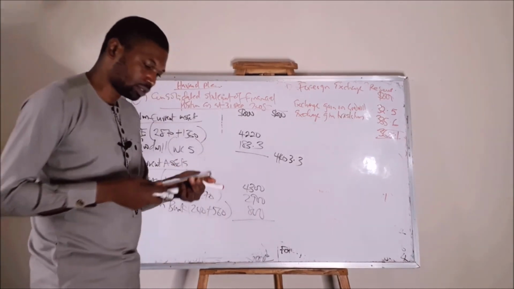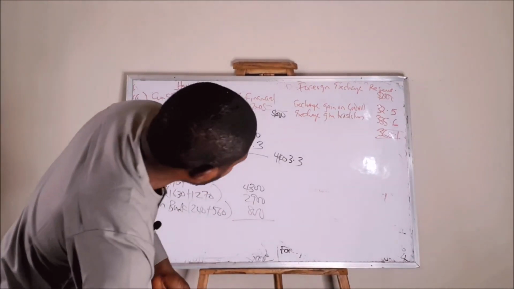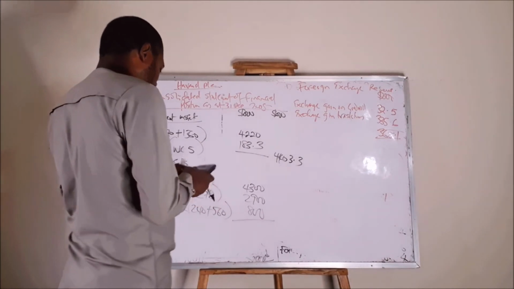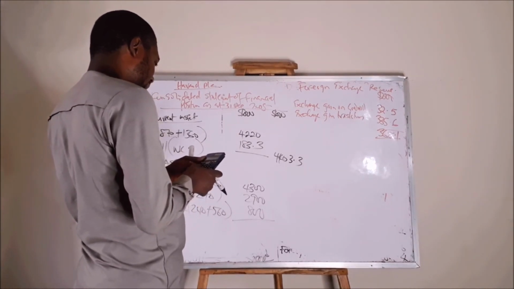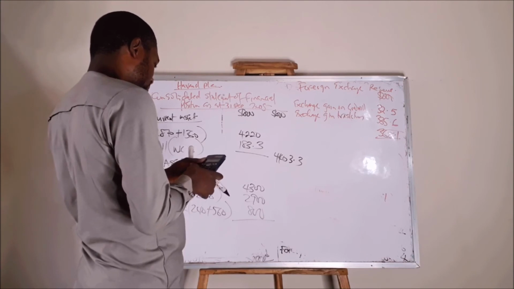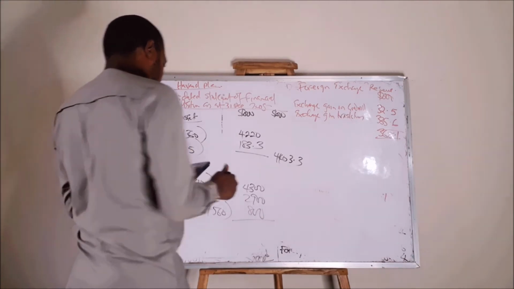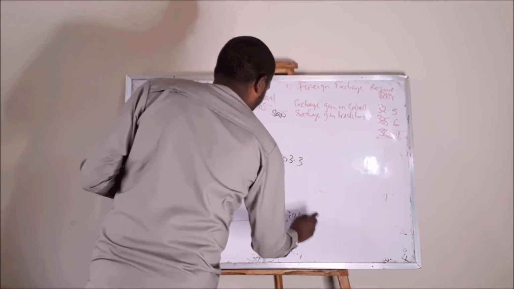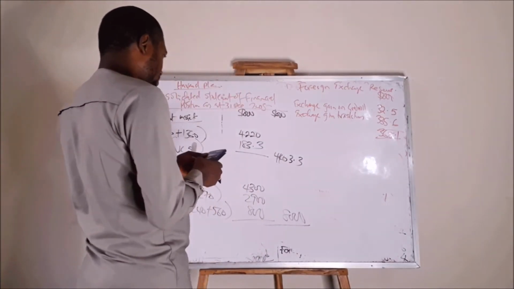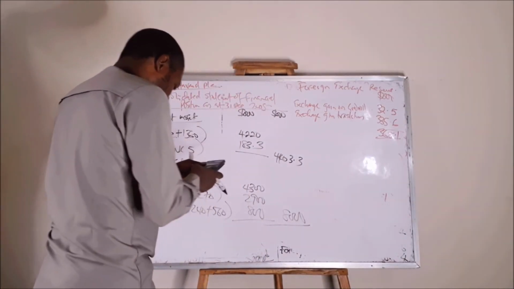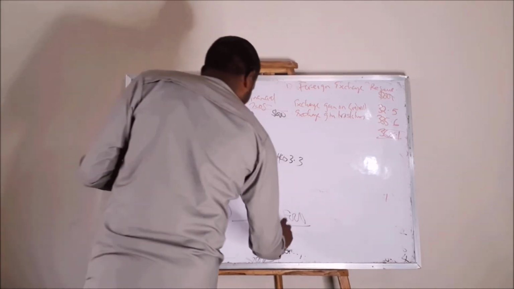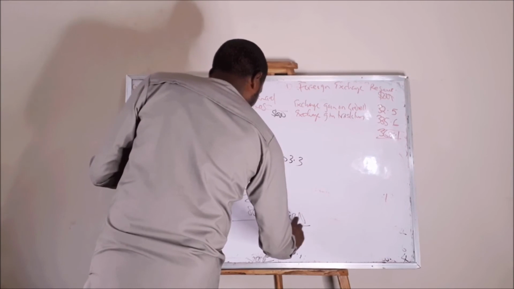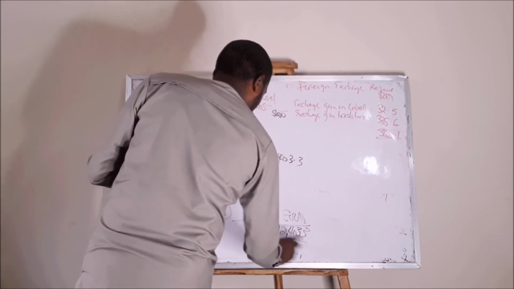So if you add these three figures together, 4300 plus 2900 plus 800, give us 8,000. 8,000 plus 4403.3, give us 12,403.3. That's our total asset.